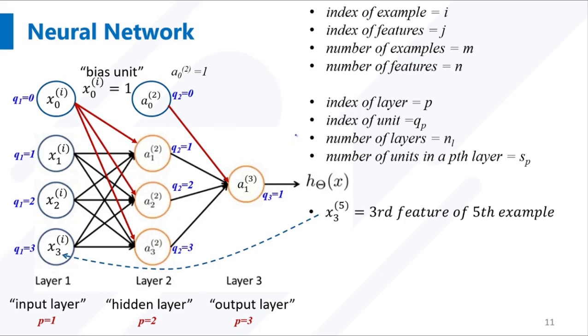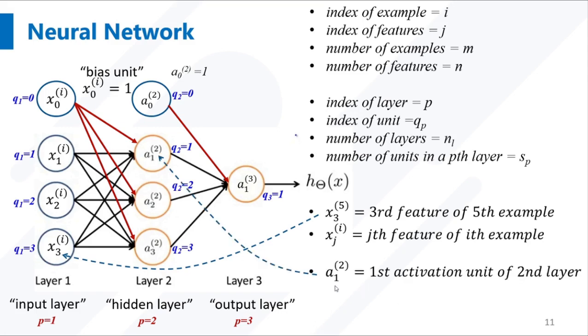Similarly, x3,5 is the third feature of the fifth example. So this is your third feature and i may be 5. So fifth example, third feature, if you generalize it, we will call it xj(i), jth feature of ith example. Similarly, a1(2), this unit is called the first activation unit of second layer.